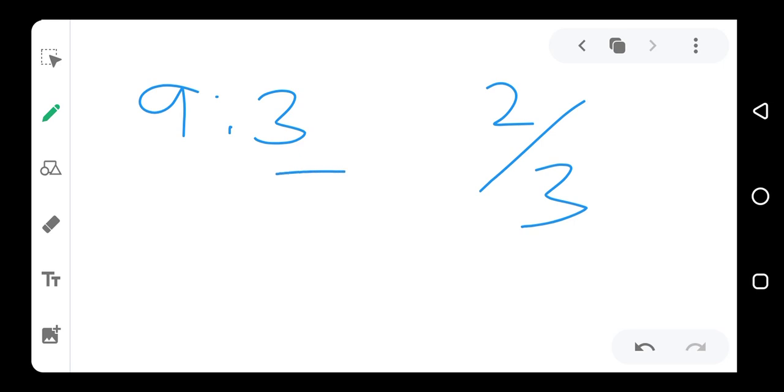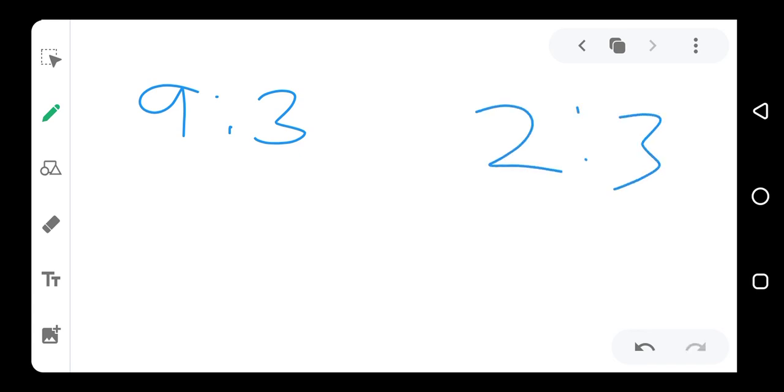If these two are equal, a to 3 equals 2 to 3. Now these are two different ratios, and we are asked to find the value of a, knowing that two of them are equal. They say that two of them are equal.